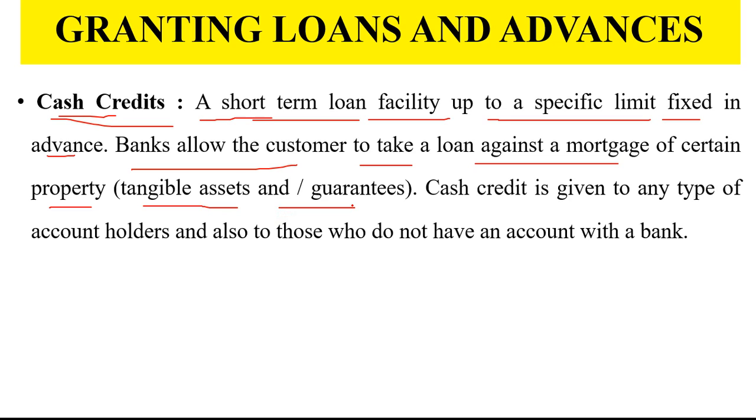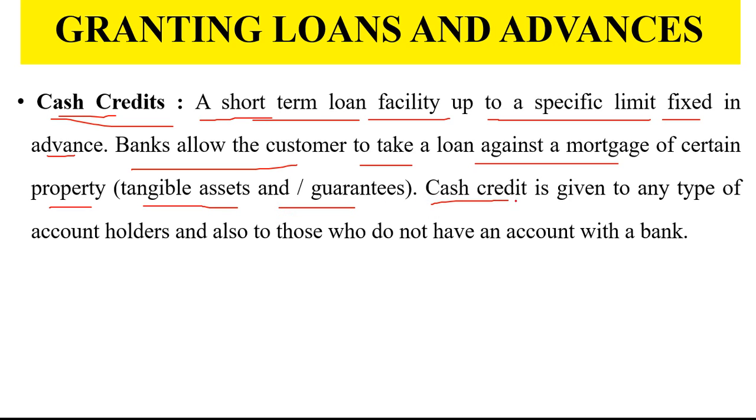The bank gives a short term loan to the customer against certain property or assets. If the customer fails to repay that loan, the bank can sell that property and recover those dues from the customer.